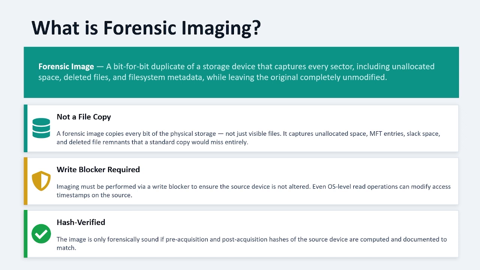So this is different from a normal file copy. A normal file copy is going through the operating system, accessing the file, and then it has an API call which will take that file and then duplicate it on a new location. That can change the metadata of the file if not done in a method using a write blocker.